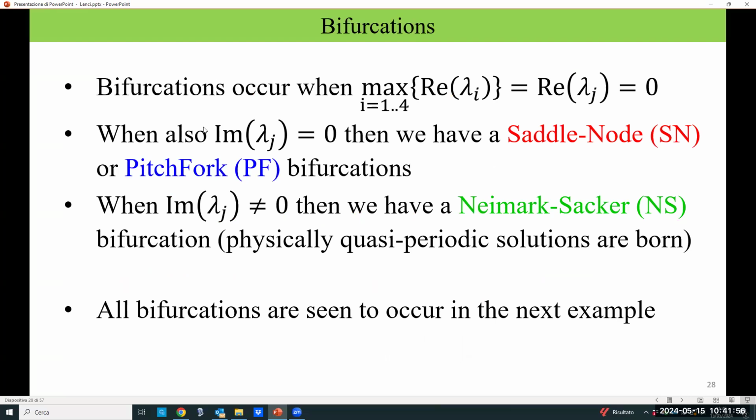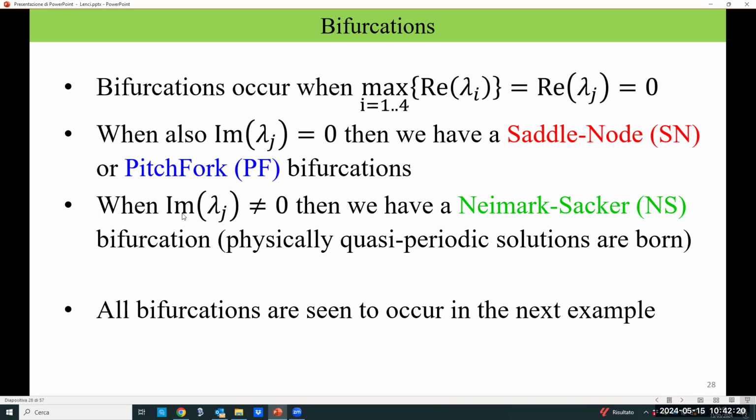And of course, the bifurcation, which means the change of stability, the passage from stable to unstable, which is exactly what we want to avoid in practical application, occurs when the maximum real part of these eigenvalues becomes equal to 0. And if this happens when the imaginary part is equal to 0, we have the pseudo-null bifurcation.